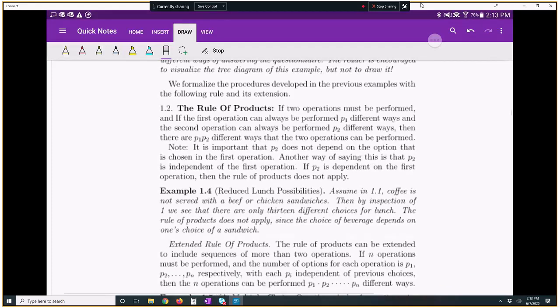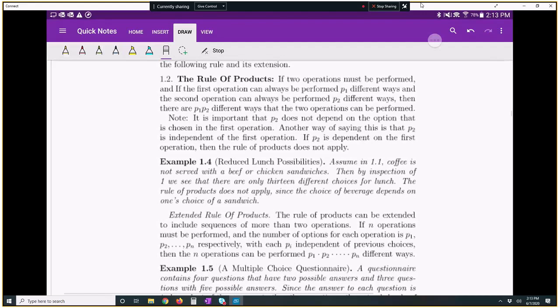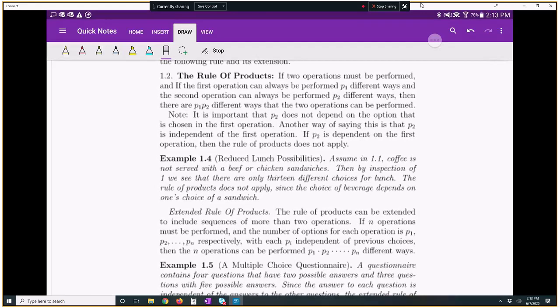So this brings us to what is called the rule of products. If 2 operations must be performed, and if the first operation can be performed in, say, p sub 1 many different ways, the second operation could be performed in p sub 2 many different ways, then there are p sub 1 times p sub 2 different ways that the 2 operations could be performed.